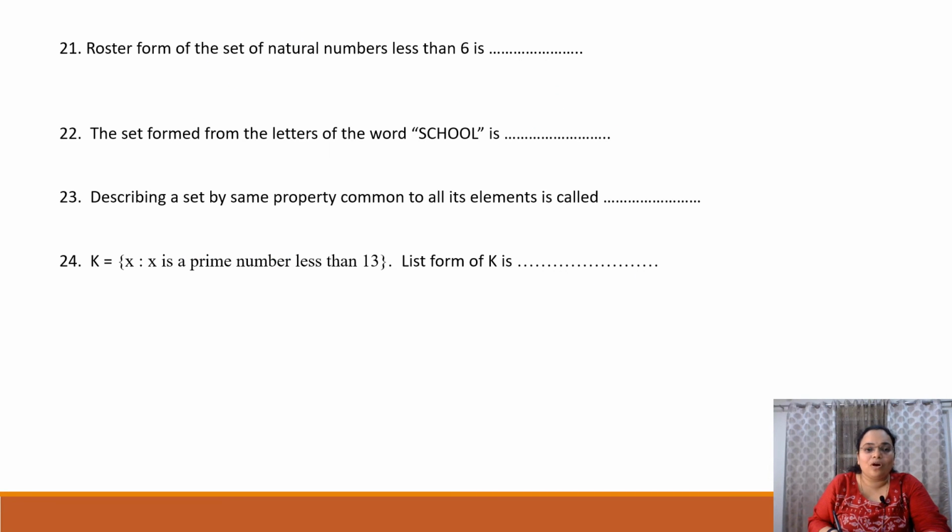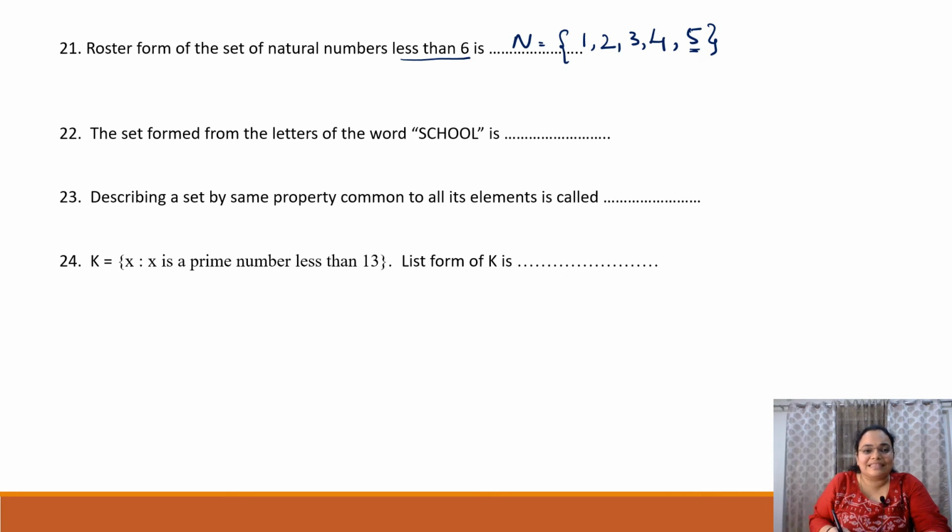Roster form of the set of natural numbers less than 6. How do you write the roster form of the set of natural numbers that are less than 6? N is equal to {1, 2, 3, 4, 5}. Because we have a condition that it is less than 6, we have taken till 5.